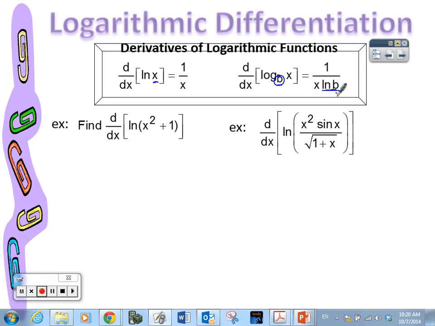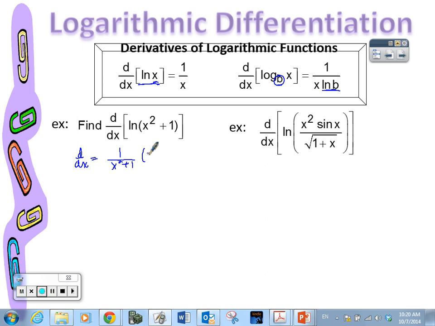All right, so let's work on the first one. I have a couple of problems for us to practice on, and then we will learn the other technique. So we want the derivative of ln of x squared plus 1. We're going to use this rule. So d/dx equals 1 over the argument times the derivative of the argument.